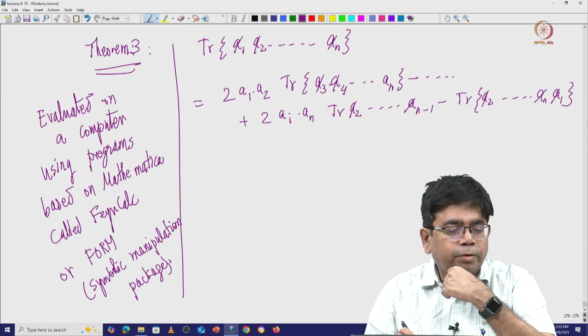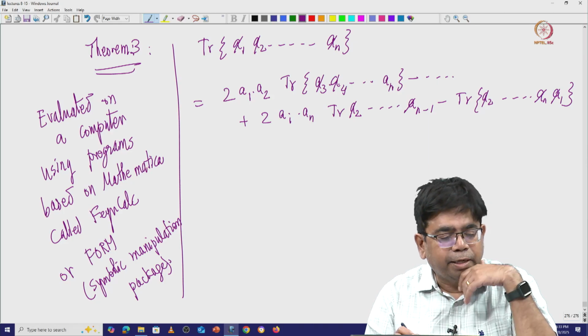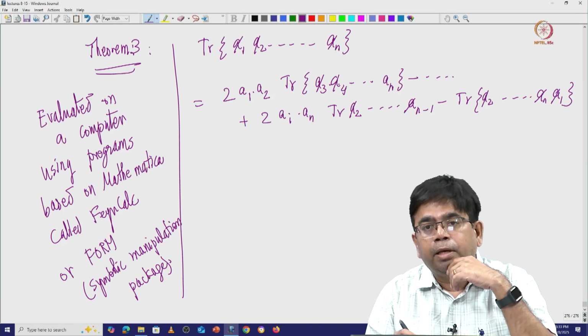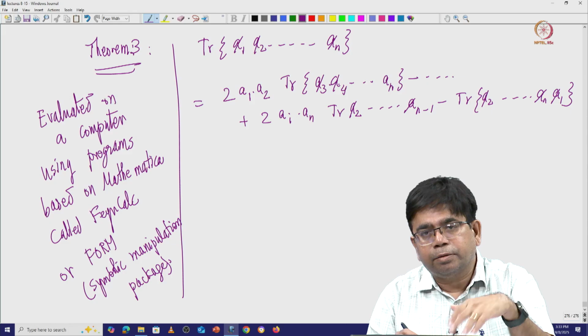Okay. So either you are using FeynCalc or FORM essentially, and you calculate these things automatically.